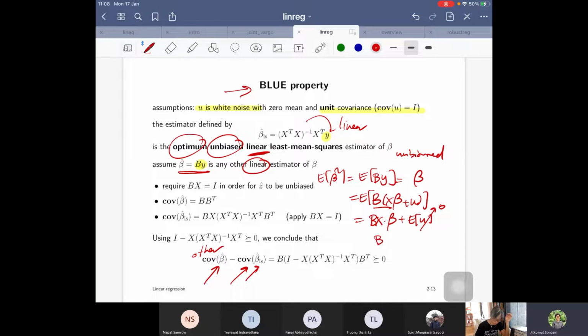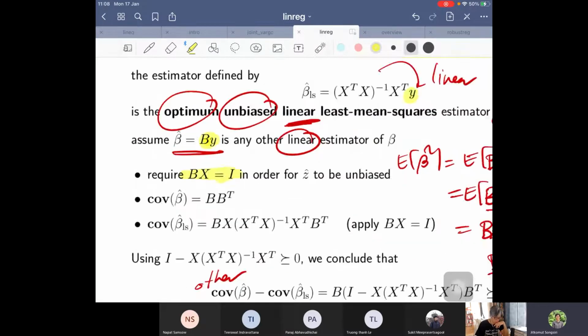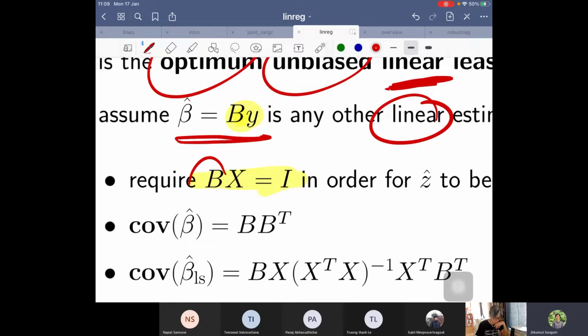So in order for the equation B X beta equals beta to hold, so that this estimator is unbiased, we end up with the condition that B times X must be the identity matrix. Mathematically, this means the matrix B has to be a left inverse of X, because when left multiplied with X it gives the identity matrix.